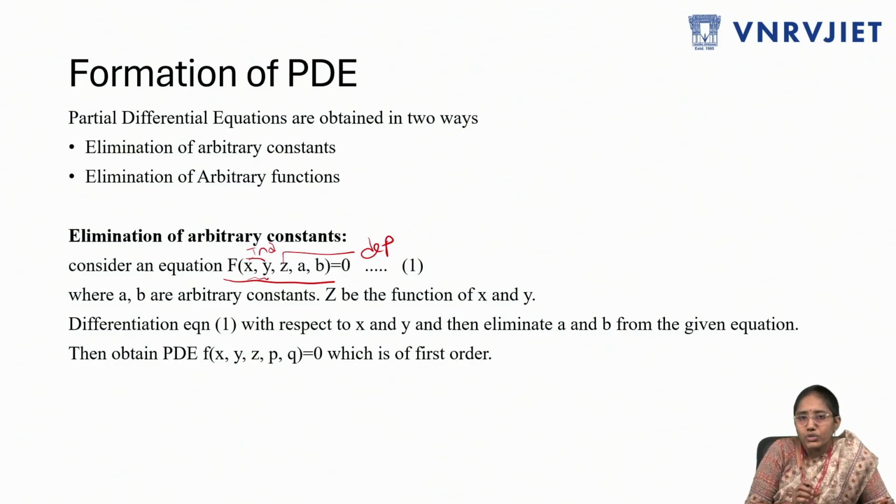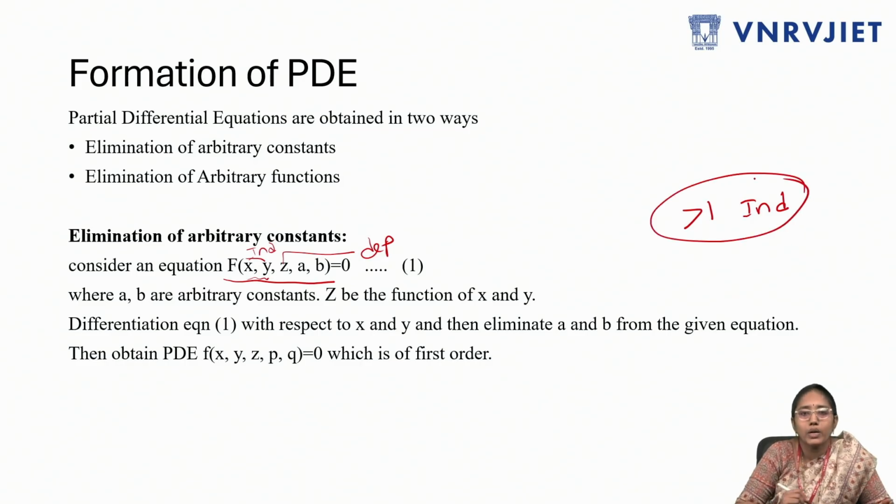Here the relation has only one dependent variable and more than one independent variable. So the equation we obtain from this relation is a partial differential equation, because it has more than one independent variable.